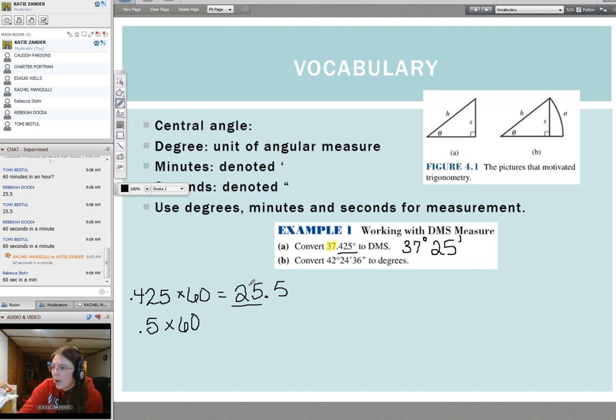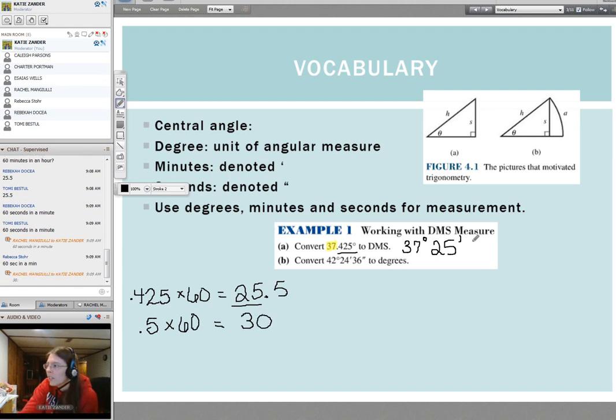But let's go ahead and multiply that by 60 again. 0.5 times 60 should be our 30, right? Half of 60 is 30. So we converted that to 37 degrees, 25 minutes, 30 seconds. All right, questions with part A?